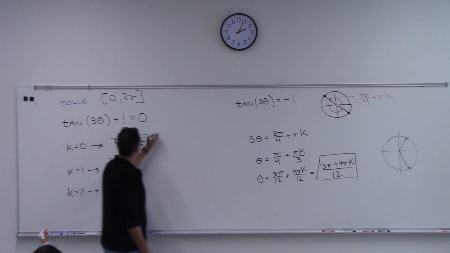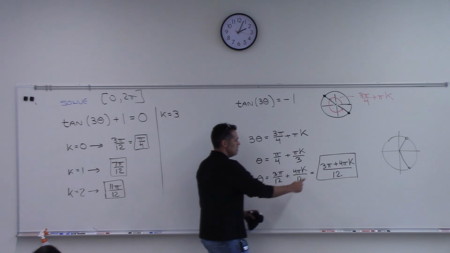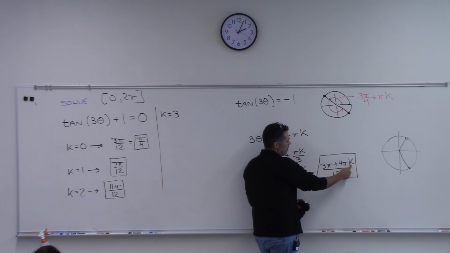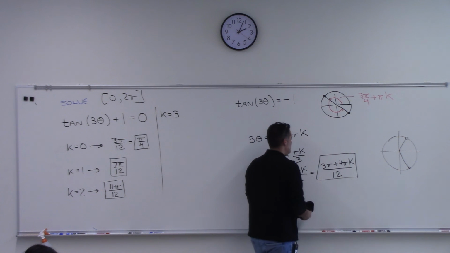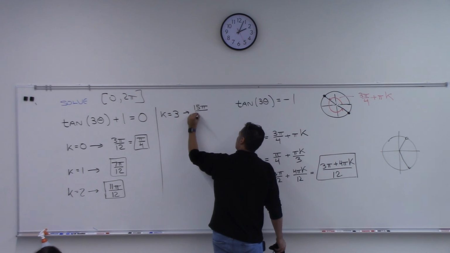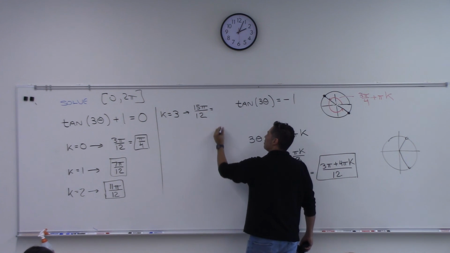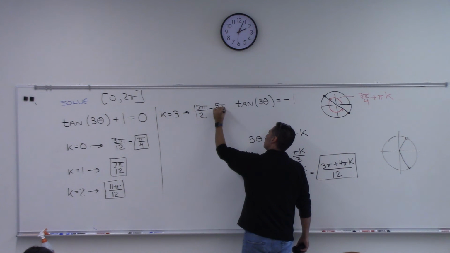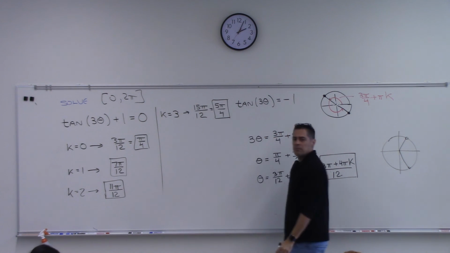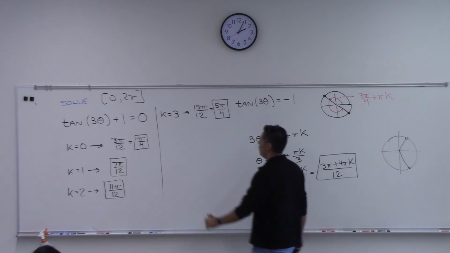All right, got to keep going. K is 3. If k is 3, 4 times 3 is 12. 12 pi plus 3 pi is 15 pi over 12. I could reduce this one, right? 3 goes into that 5, so 5 pi over 4. Is that still in there? Yep, because 5 divided by 4 is still smaller than 2. How long are we going to go here?